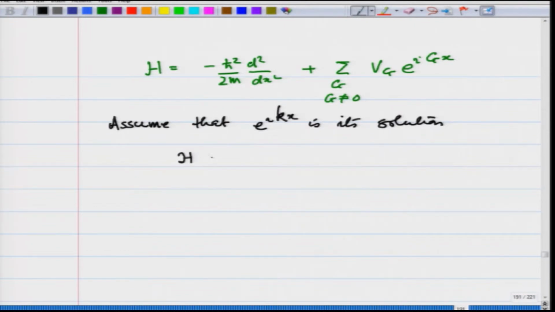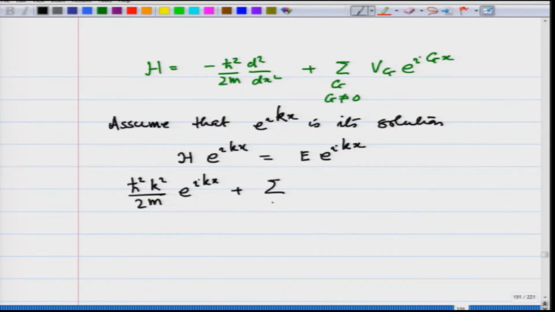So, I take H e^{ikx} equal to E e^{ikx}. Then I find that I have ħ²k²/2m e^{ikx} plus summation over G not equal to 0, V_G e^{i(k+G)x} is equal to E e^{ikx}.